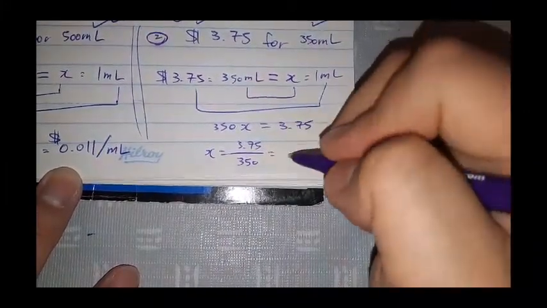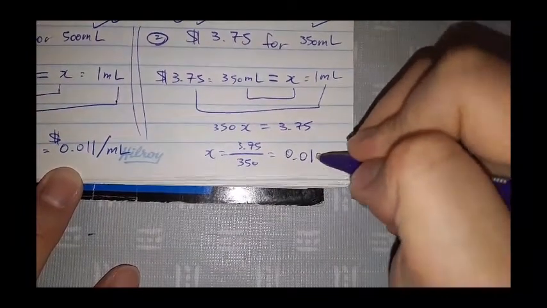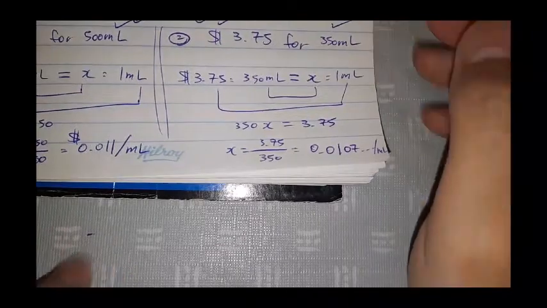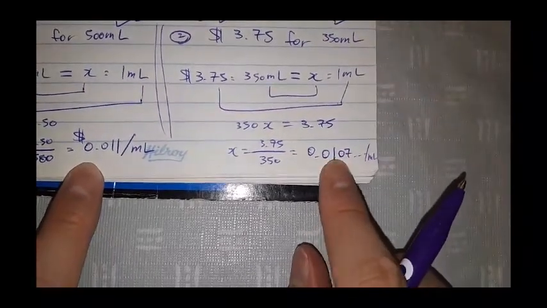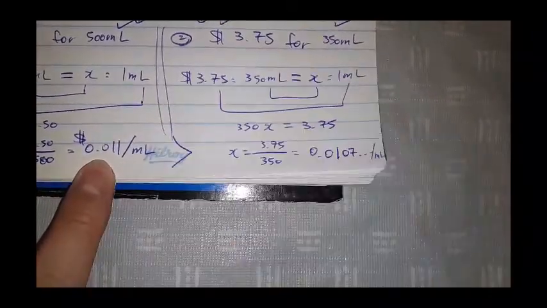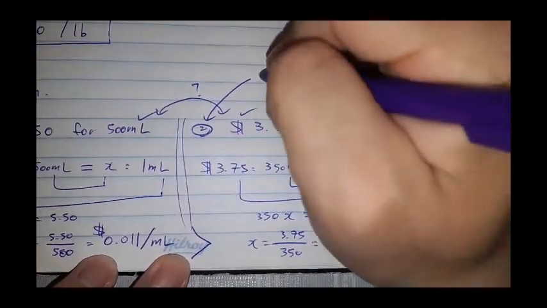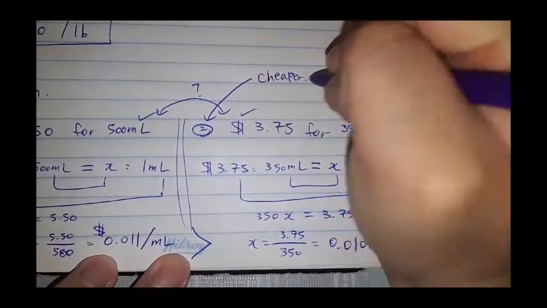Then you will see $0.0107 per milliliter. So if I look at the ratio difference between those two, store 1 is a bit more expensive. In that case, you can say store number 2 is a bit cheaper.